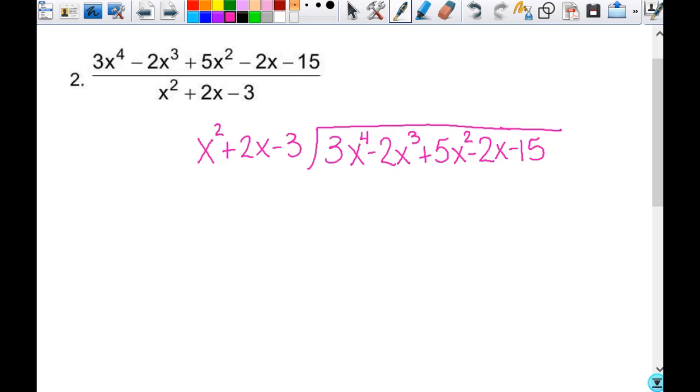Okay, so x squared goes into 3x to the 4th, 3x squared times, yes? Okay, so then that's going to give me, when I multiply it back, 3x to the 4th plus what? 6x cubed minus 9x squared.